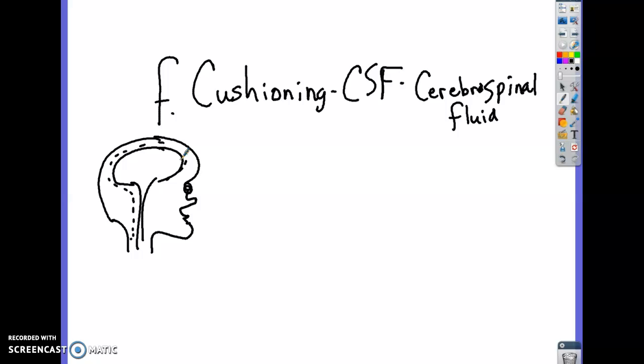There's also this same cushioning fluid all around the spinal fluid. Another big place that you might see that is in amniotic fluid. And this is what surrounds the fetus in a pregnant woman in the womb.